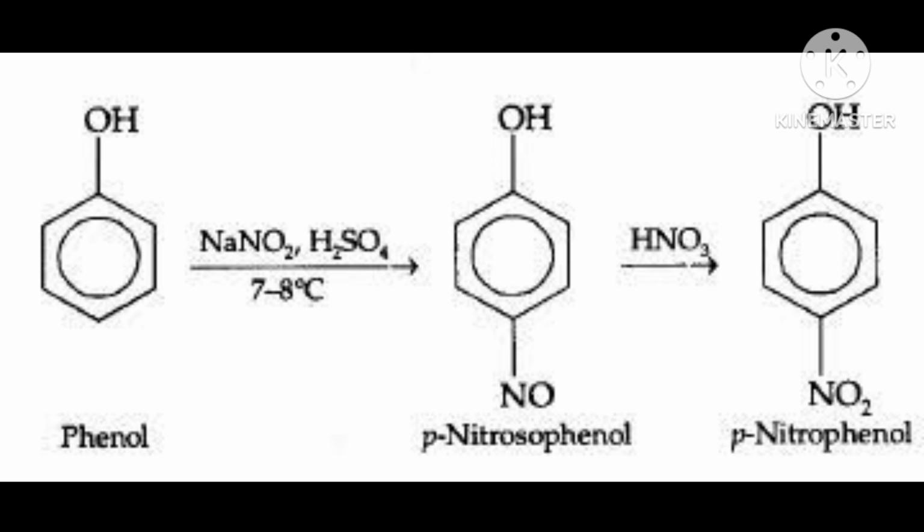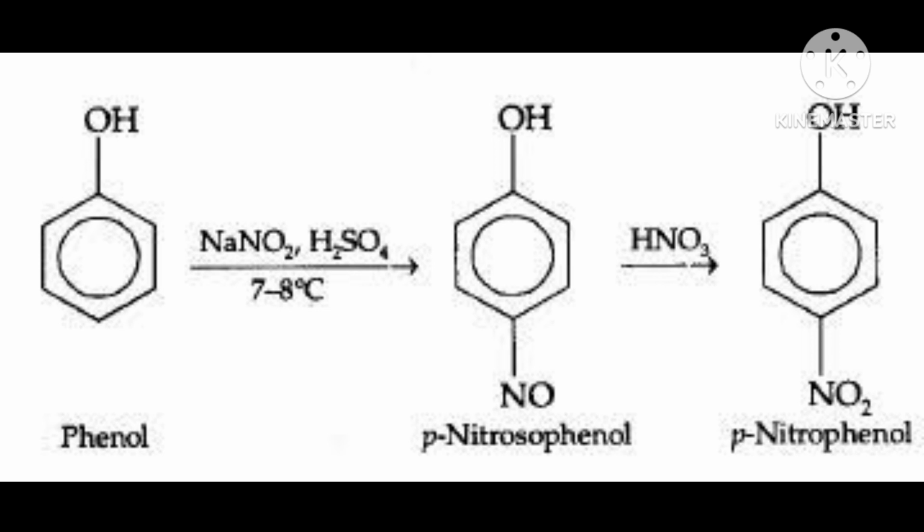In the body, methanol is oxidized first to methanal, that means formaldehyde. In our body, methanol may be there, ethanol both may be present. Methanol has only one carbon; it is oxidized to formaldehyde, and then to methanoic acid.